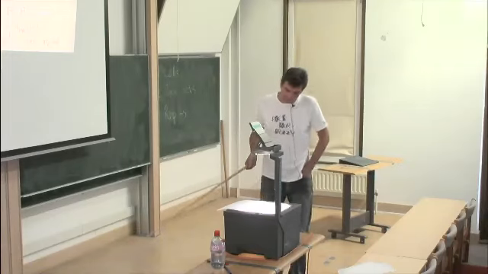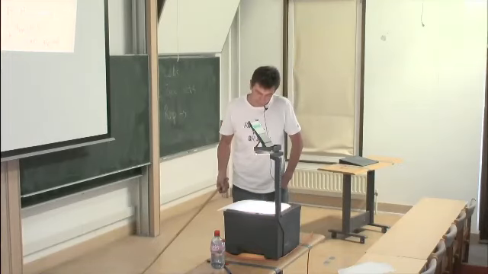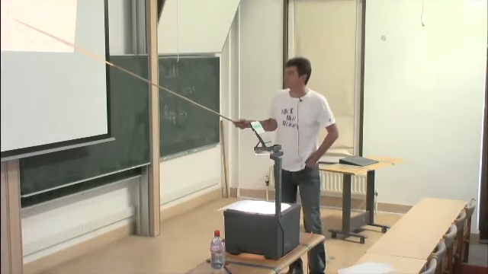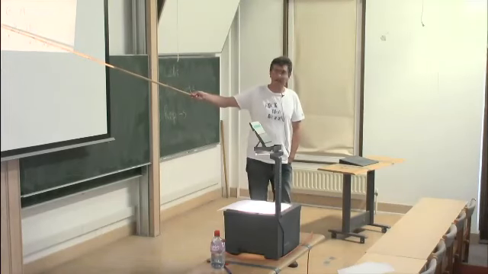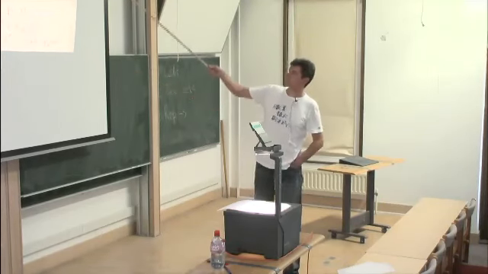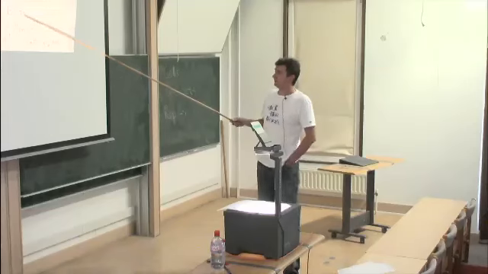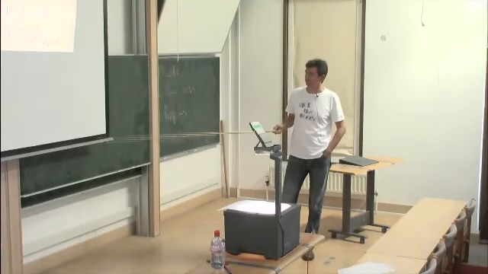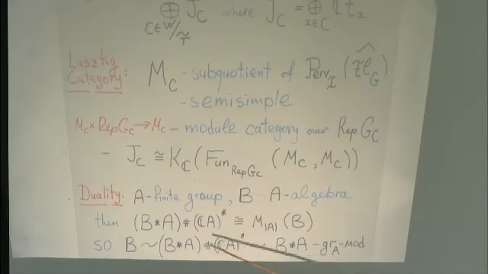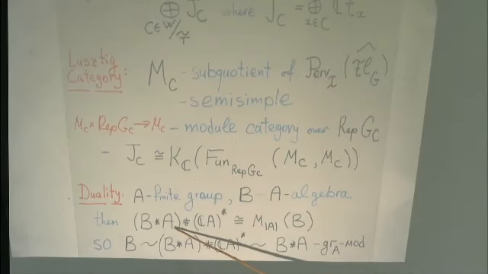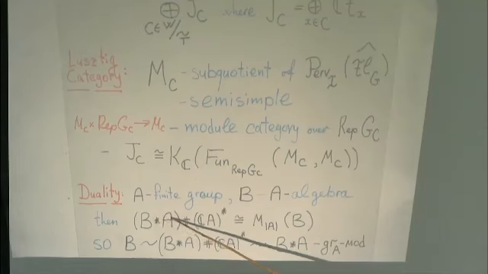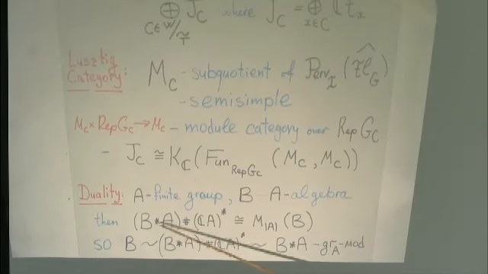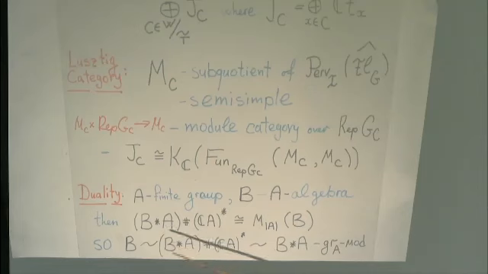Let me formulate it. Let me explain it. I've switched, now I call my finite group A, not G anymore. If B is an A-algebra, then you take the group algebra B A. How do you recover your algebra B from the group algebra B A? Well, one way to do it is to use duality.